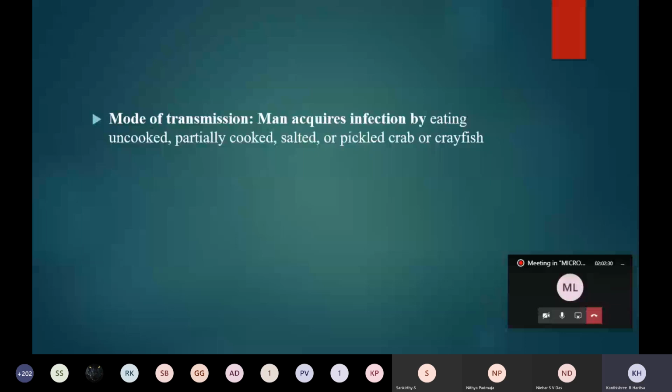So, mode of transmission: one acquires infection by eating uncooked or partially cooked, salted or pickled crab or crayfish.